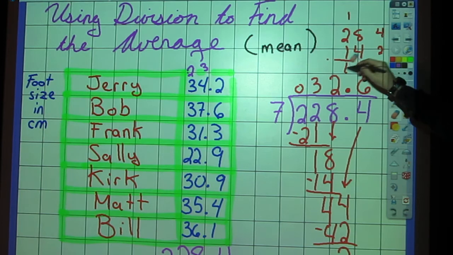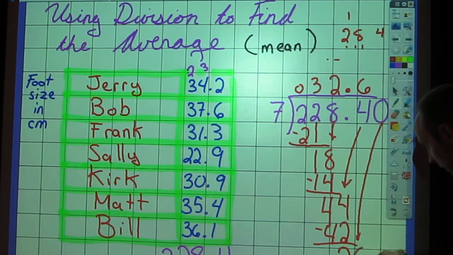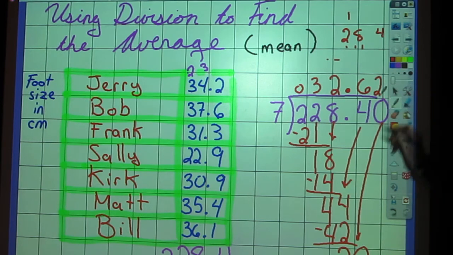So what I want to do now is put a 0 over here. I'm going to carry that down and ask myself how many 7s go into 20. Well, that's 2. And that would leave me with 14 and a remainder of 6. I'm just going to leave my remainder down there.